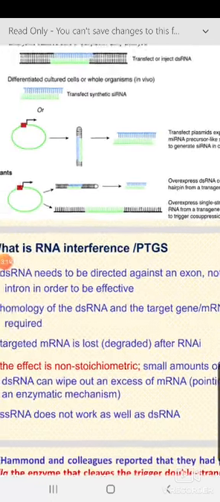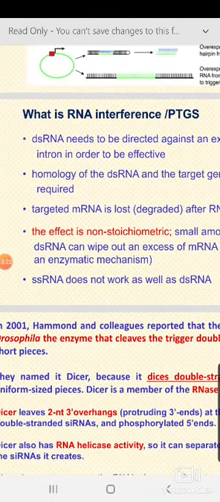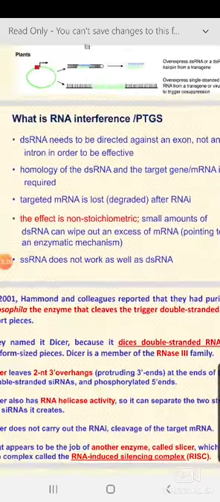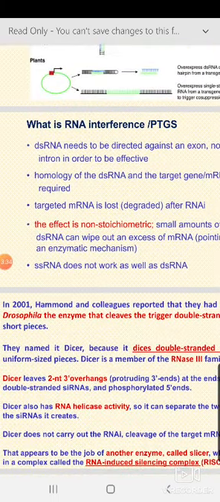Now let's come to a little bit of detail. What is RNA interference, or post-transcriptional gene silencing? I started telling that double-stranded RNA needs to be directed against an exon, not an intron, in order to be effective. Again and again, I'm saying the same thing so that you understand it. What is RNA interference?